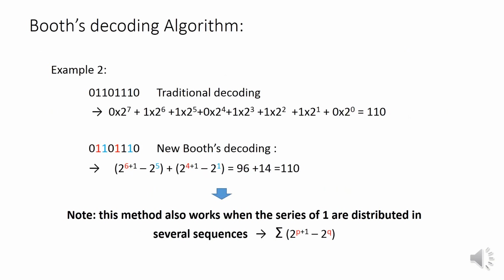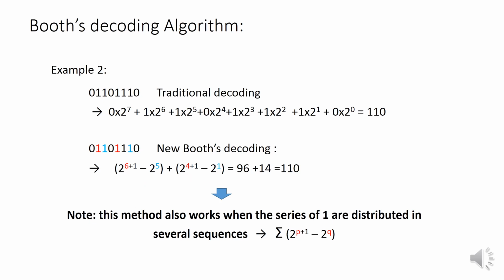Let's see another example where not all ones are continuous. Here we have two series of ones, this and this. This is the traditional conversion, and we obtain 110. Applying the new Booth's algorithm, this is the first series of ones, and this is the other series of ones.